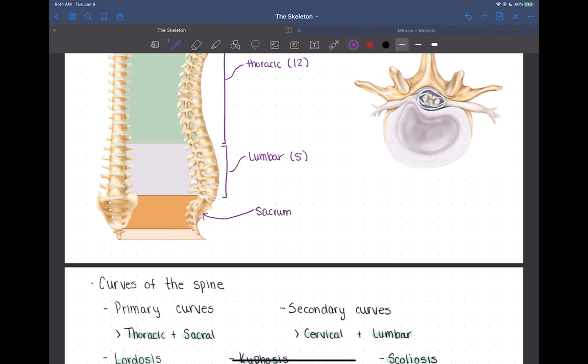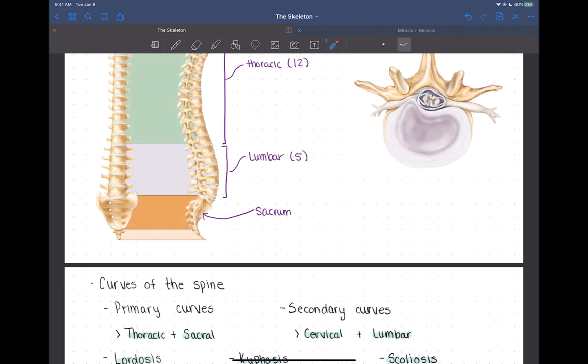The sacrum articulates with the last lumbar vertebra, L5. It articulates inferiorly, or the inferior surface of L5 articulates with the sacrum.